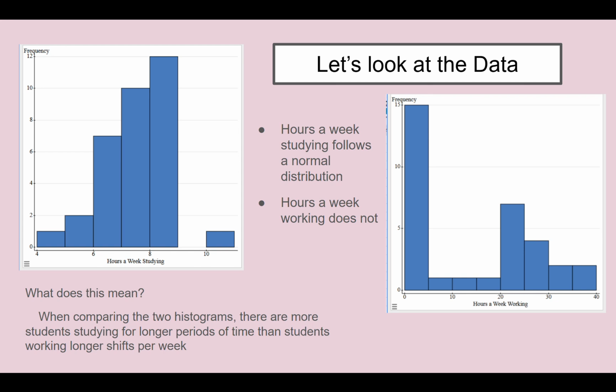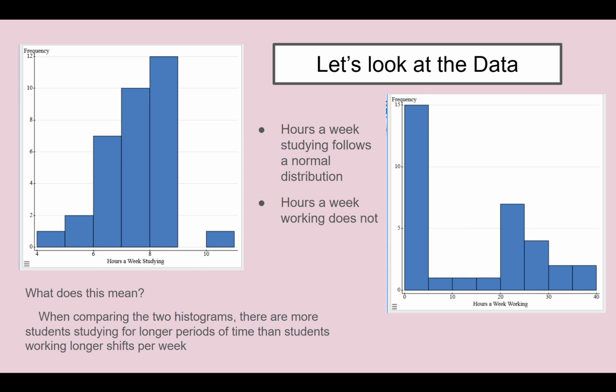Alright, let's take a look at this data. So we have 2 graphs here. Sorry, on the left is hours a week studying, and the right, hours a week working.